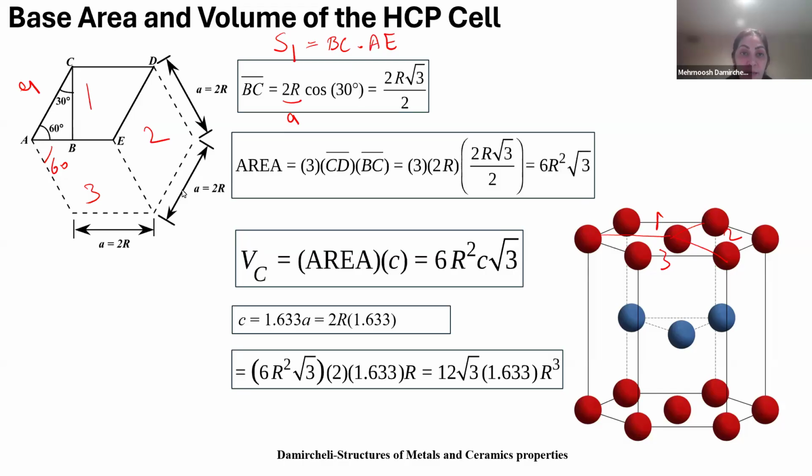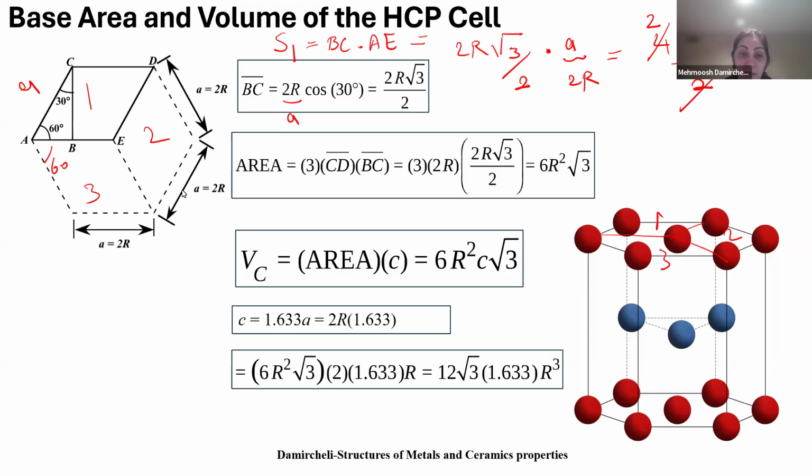What is S1? It is BC times AE, meaning 2R root 3 over 2 times AE. How much is AE? AE again is A or 2R. Okay, it should be 4R squared root 3 over 2, and written as 2R squared root 3.